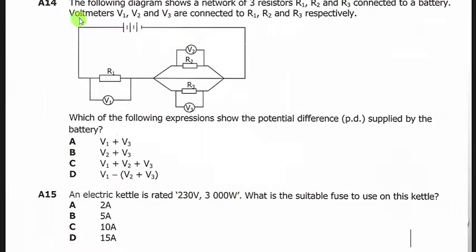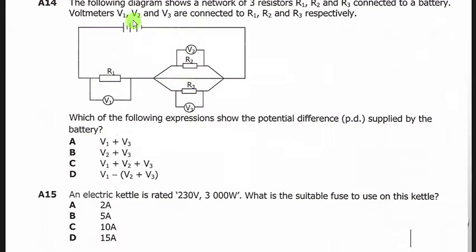Question 14 says the following diagram shows a network of 3 resistors R1, R2, and R3 connected to a battery. Then voltmeters V1, V2, and V3 are connected to R1, R2, and R3 respectively. So this is what they are saying, that we have a network of 3 resistors, R1, R2, R3. They are all connected to a battery here.